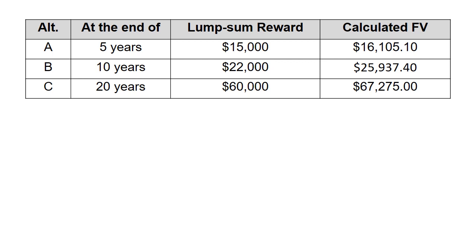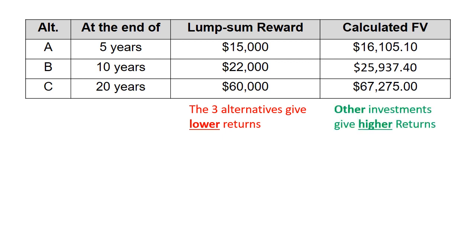Please study the table. Compare the lump sum reward against the calculated future value. What does it tell you? From the table, it shows that the three alternatives give lower returns compared to the other investments that give higher returns.